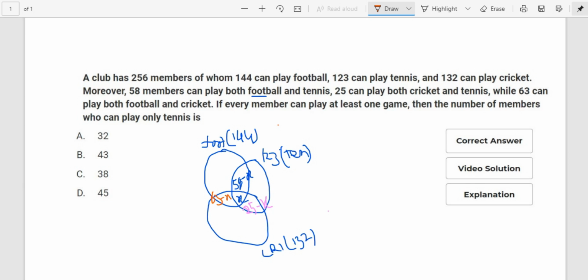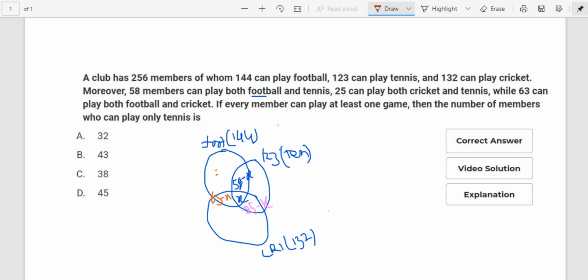And what I have to find: if every member can play at least one game, then the number of members who can play only tennis is. Now I have to calculate the missing part, this one, isn't it?